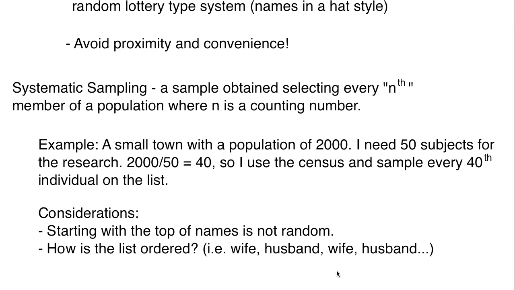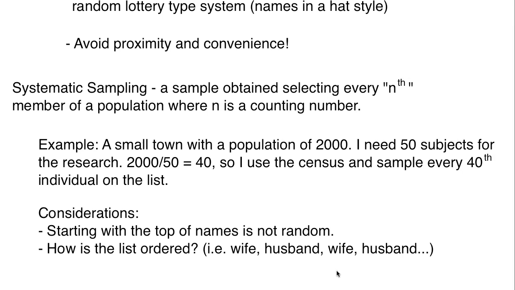You also have to be aware of how the list is going to be ordered. So if you have a list and it is highly structured by family or by some sort of other criteria, let's say that we have a list of all married couples and you are trying to find random opinions on marriage or something related to who does more chores, right? If you have a list and it is ordered wife, husband, wife, husband, wife, husband, and you say, I'll take every 10th, well, then you're going to hit husband, husband, husband over and over again based on that way of sampling.